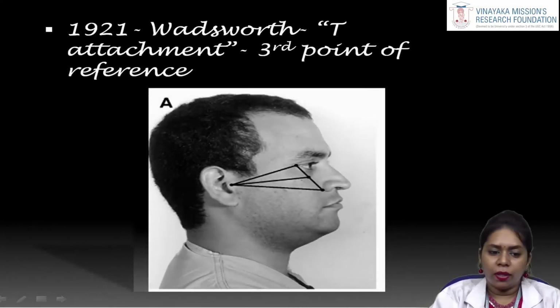In 1921, Wordsworth added a new dimension to the facebow by providing a third point of reference through a T attachment and introduced it in his articulator in 1921. The anterior reference point was based on Wordsworth's naso-optical condylar triangle, which is shown in the picture.